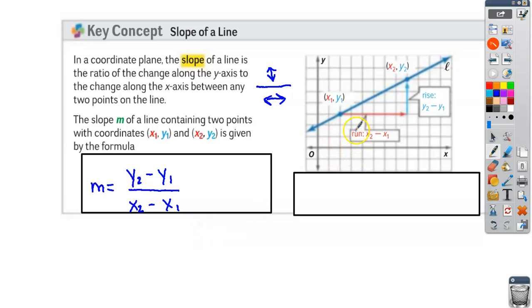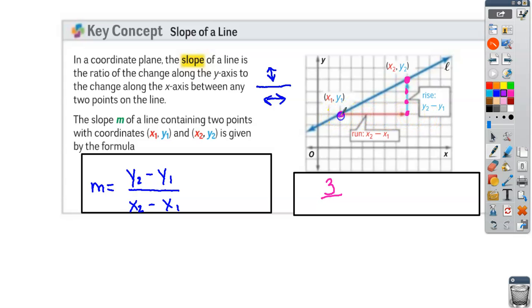So on this example here, we've got a couple points and we need to find the slope of that. The nice thing about having it on a graph is that we can just count the difference. So if the rise is just the difference in the y, then let's just count the difference in the y. We start at 0, so 1, 2, 3. So our rise is 3 over our run, which is the difference again in the horizontal, moving side to side on the x-axis.